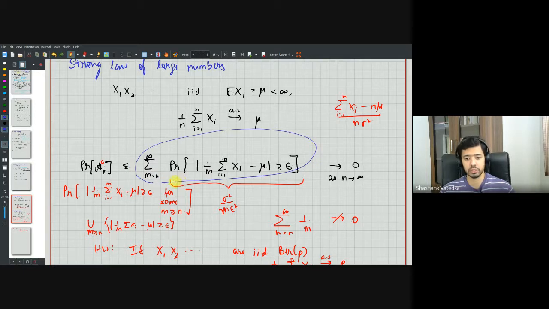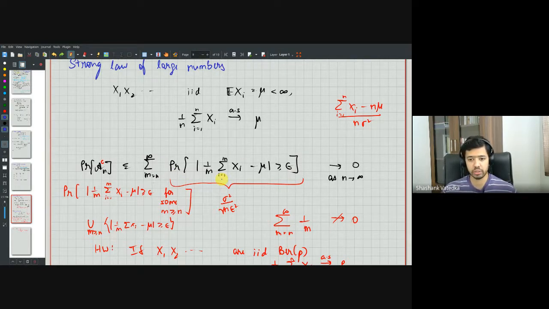It is sufficient that this happens, right? So it demands that this probability falls down really, really fast. Okay? So it can't fall down slowly. All right. Okay, good.